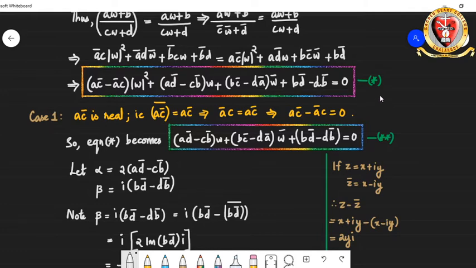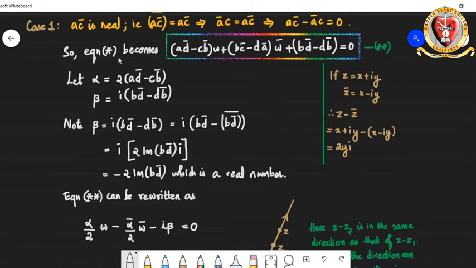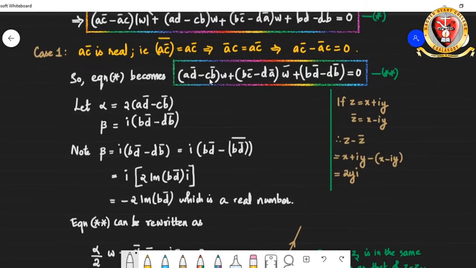That means the equation star can be rearranged into this, because this is 0, that you are calling double star. Now you define 2 of alpha and beta: 2 times the coefficient sitting here is called alpha, and I times the constant here is called beta. We are naming them like that.